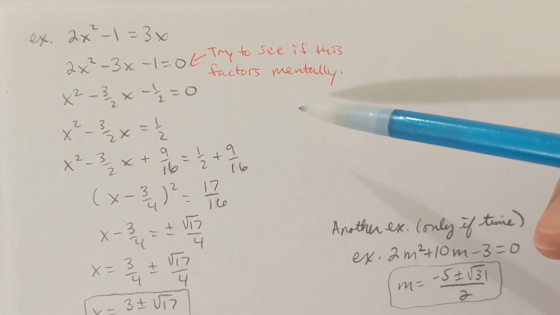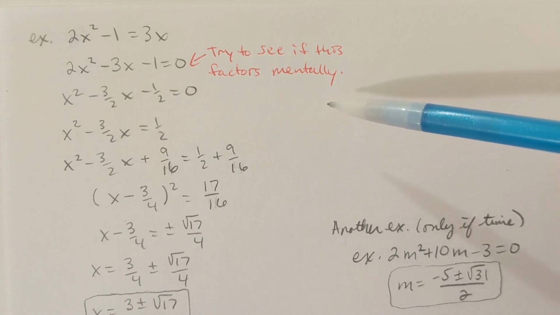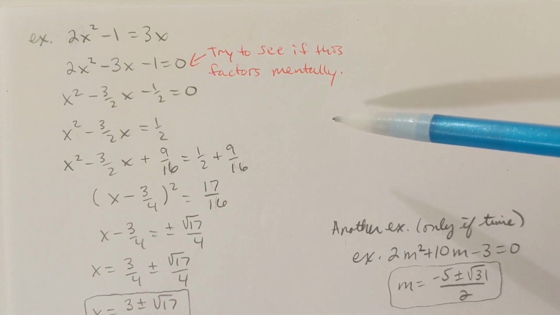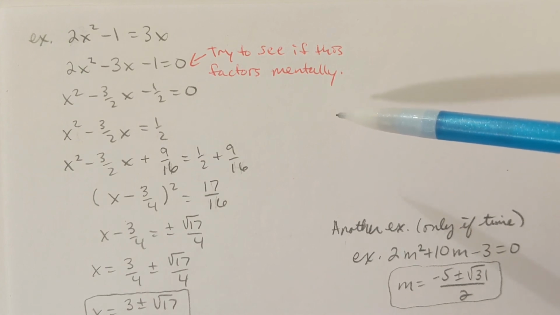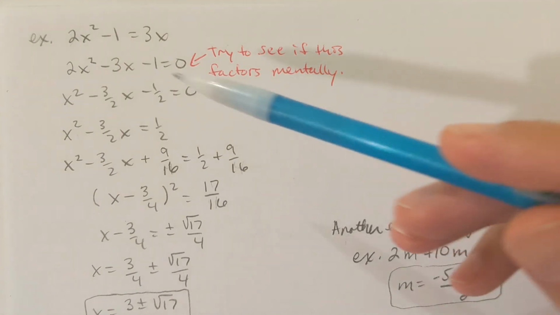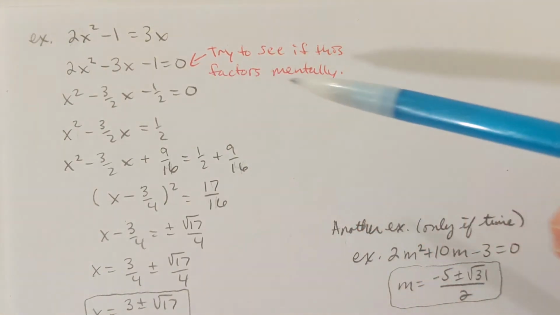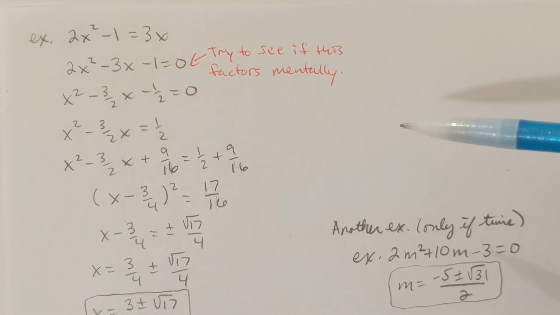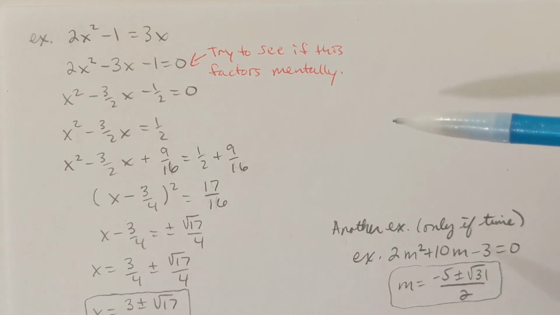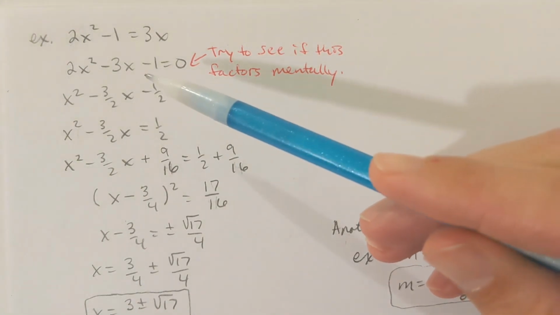Well, let's see. 2x and x, with 1 and 1: 2x plus 1 times x minus 1 gives me 2x minus x, which is x, which I don't have. 2x minus 1 times x plus 1 gives me 2x minus x, which is x.